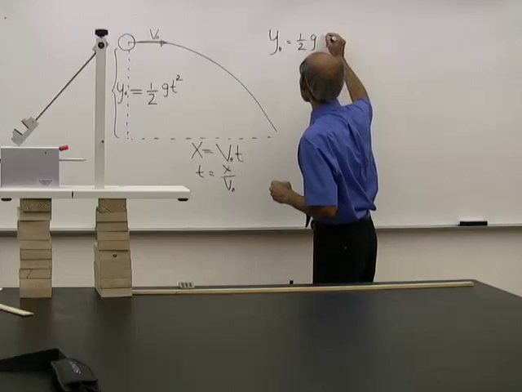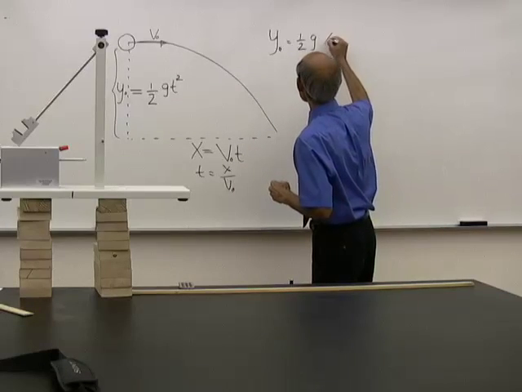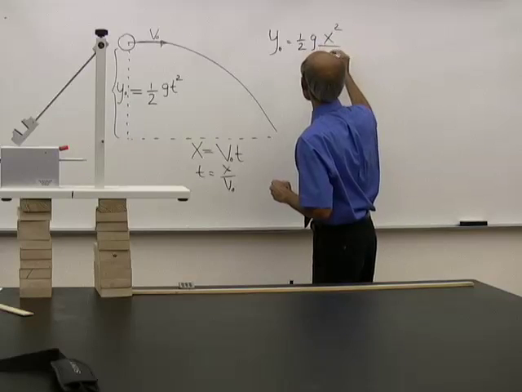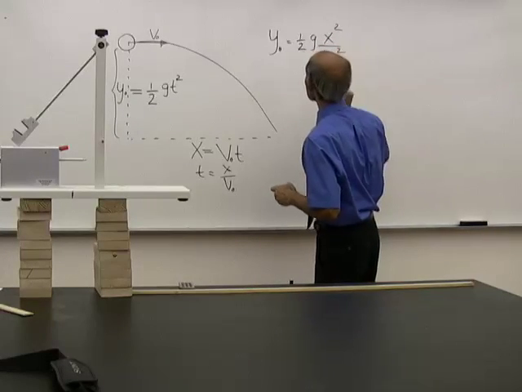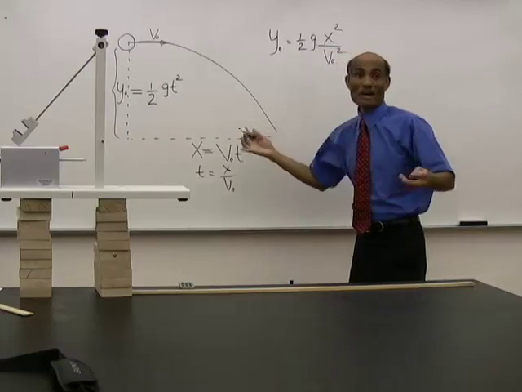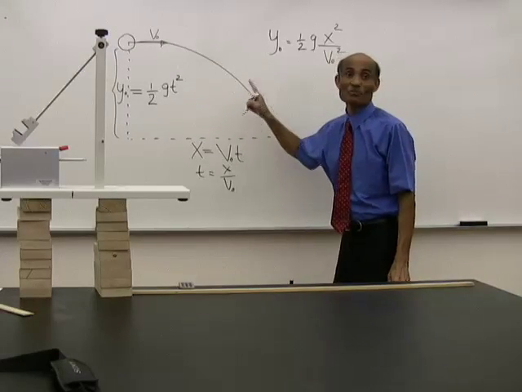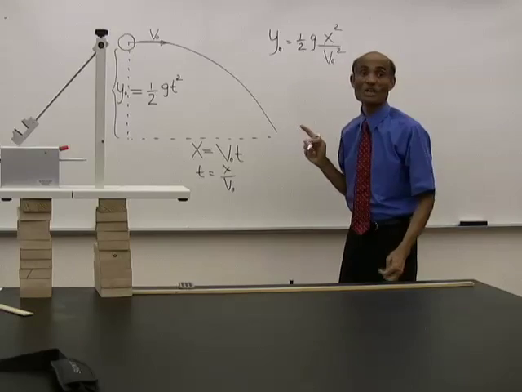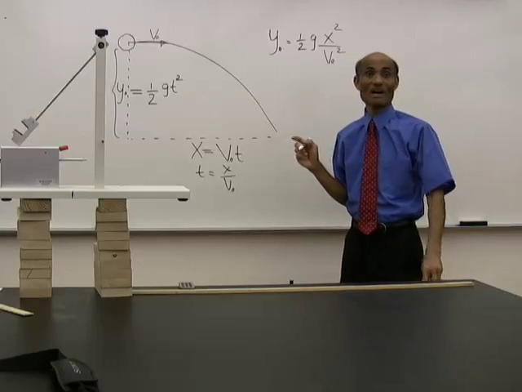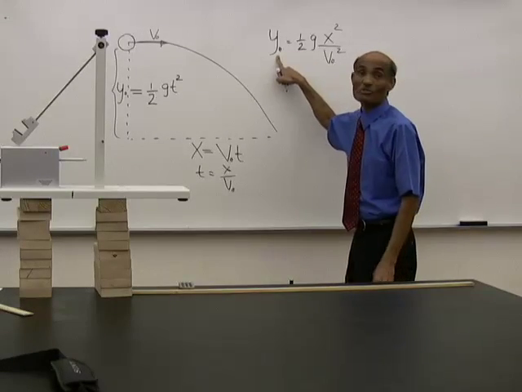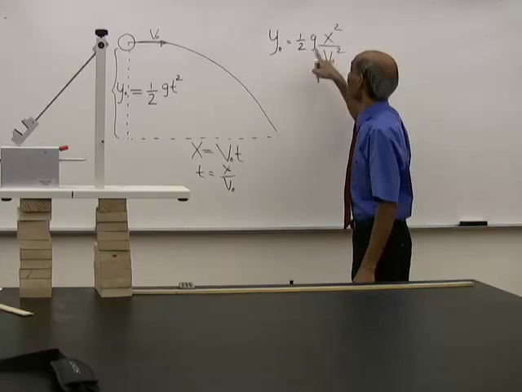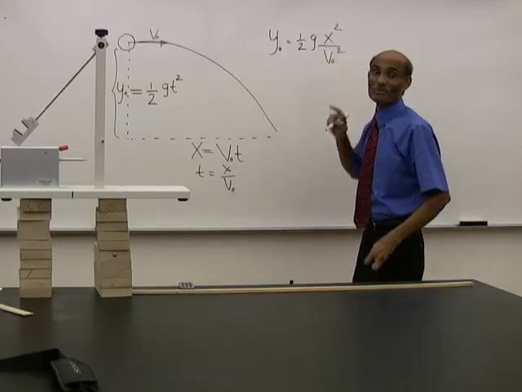Is that right? So that will be x squared divided by V0 squared. We have eliminated time. That means we have now an equation in terms of two variables.